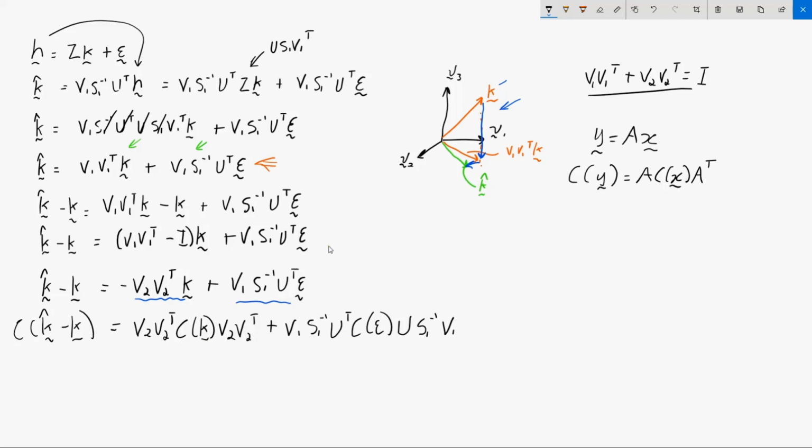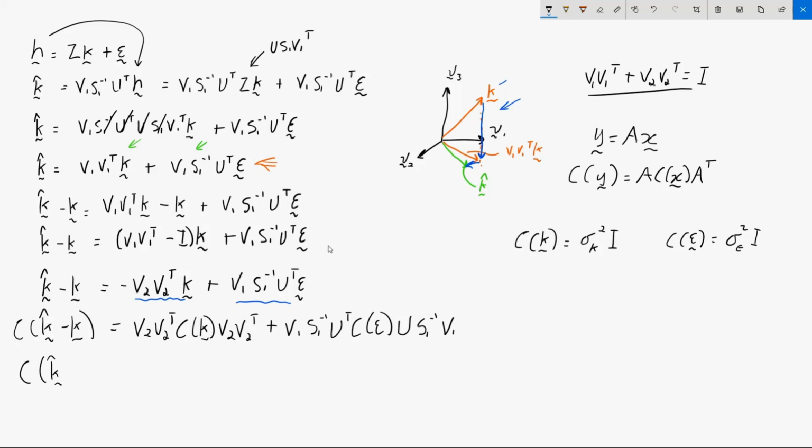To make this equation easier, let me make a couple of simplifying assumptions. Let me assume that the covariance matrix of k equals sigma k squared I. That is, every parameter is statistically independent of every other parameter. Let me assume the same thing for measurement noise: sigma epsilon squared I. If I make these substitutions, the equation becomes a little easier.